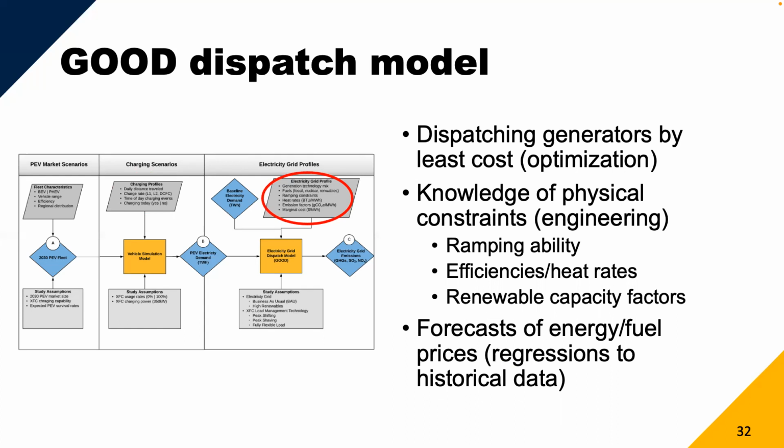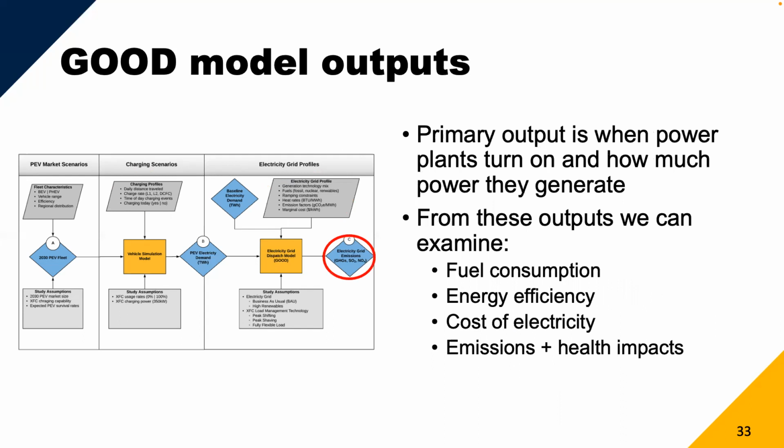These make sure that just because you have solar capacity installed, it doesn't mean it can be turned on all the time, right? There are limitations based on solar availability and wind availability. And the primary output is when power plants turn on and how much power they generate.